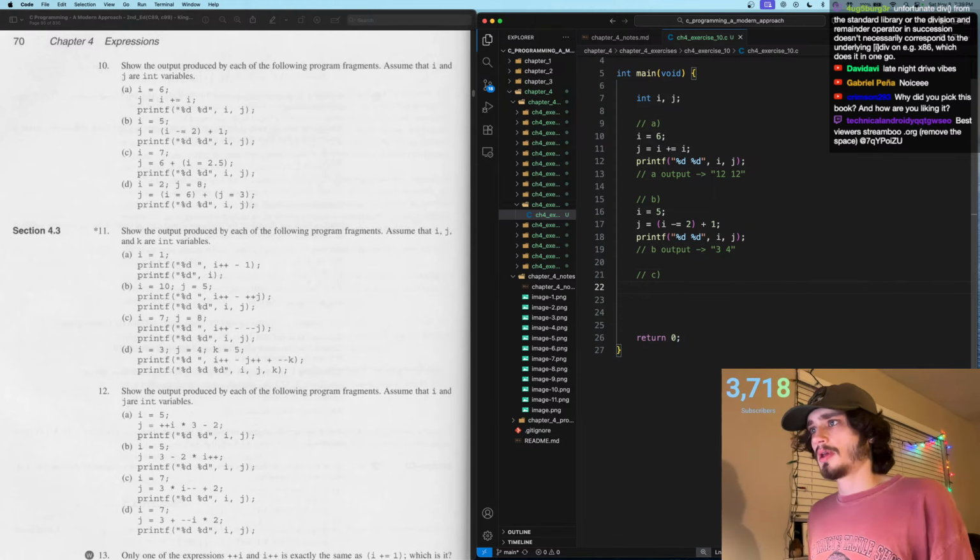C. I is equal to 7, and j is equal to 6 plus I equals to 2.5. And then we're going to printf to the same call.